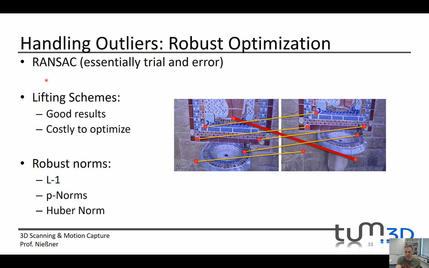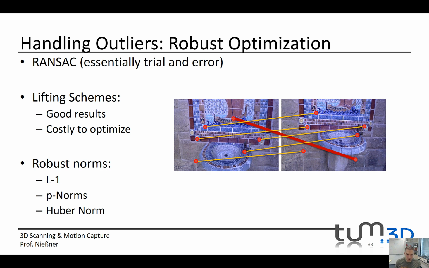This one we'll go into in a bit more detail. Lifting schemes actually give pretty good results if you do it right. They're not that easy to optimize, and they need a little bit of higher level math understanding to get them right. I can't cover all of it here, but I wanted to go into this one in a bit more detail. And the last thing is you can use robust norms.